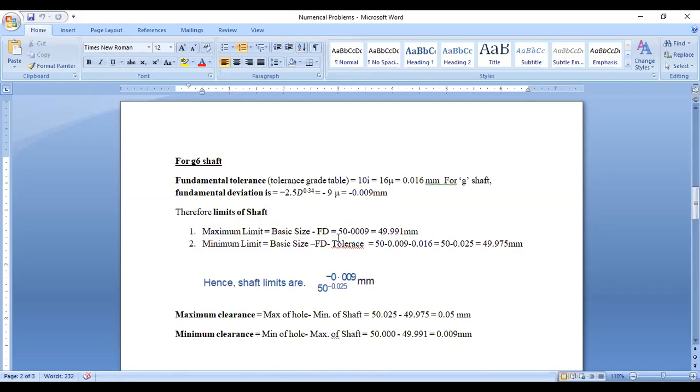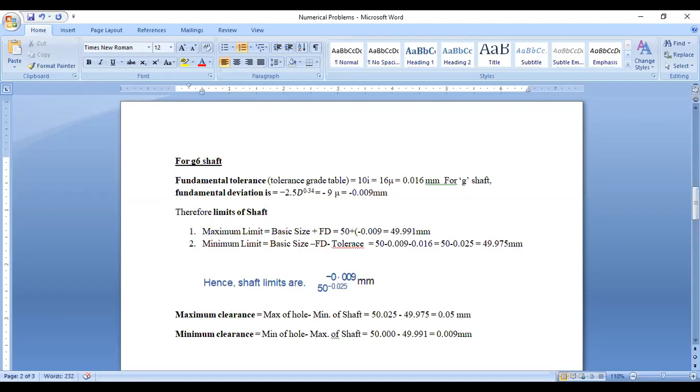So basic size will be 50 minus the fundamental deviation, here minus 0. Sorry, it is 0.009. Again, don't put minus and minus. I am putting the minus sign because he has given this sign as minus. Or else you can write it as positive, but you have to substitute the value of the fundamental deviation as negative.